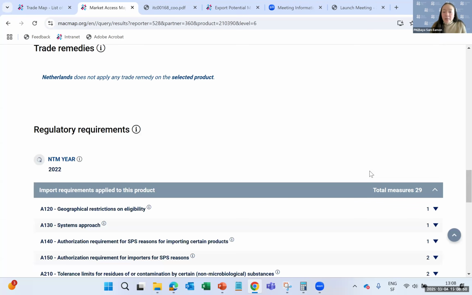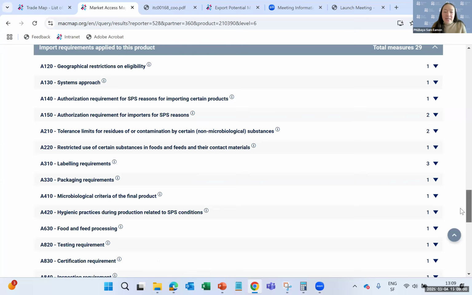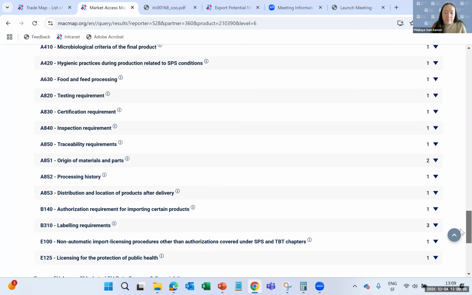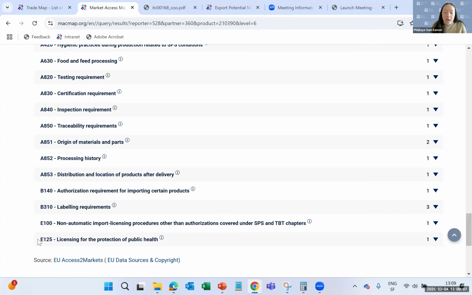Next step beyond the tariffs is the non-tariff measures. We see that we have 29 non-tariff measures in total, and they are divided into SPS, a little bit of TBT, and other measures such as licensing.